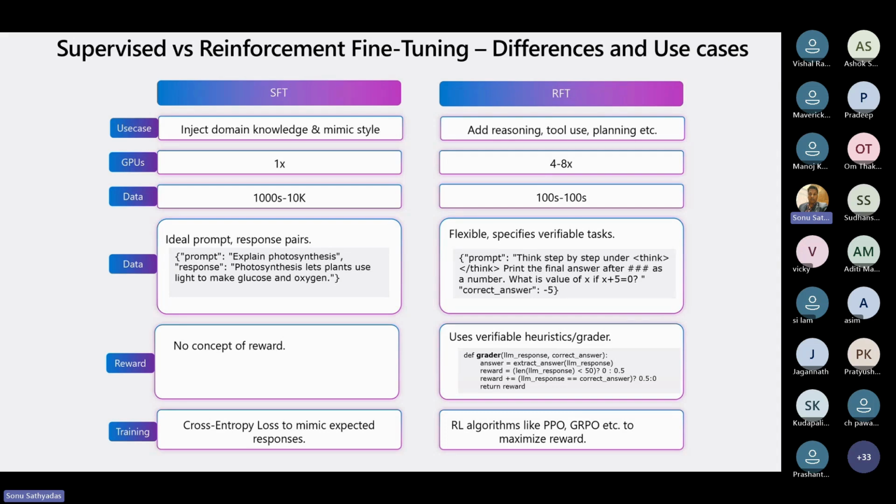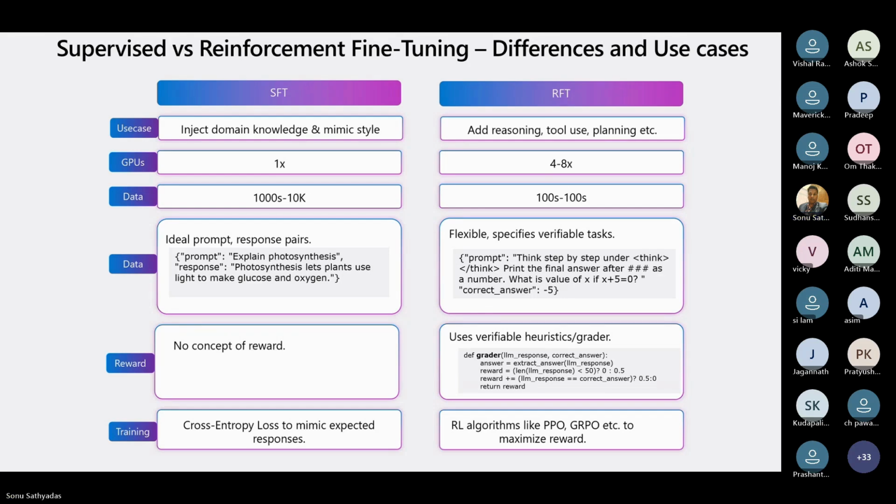If there are 1 lakh questions and answers provided, it is just to work on those 1 lakh questions and answers, no thinking. But in reinforcement fine tuning, the data set which is required is very small, because if you give 100 questions, then it will think about this in 100 different ways, with its multipliers. So there are different other ways it can think.